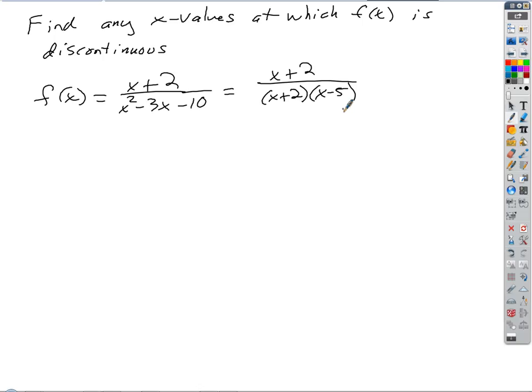Now we have to be careful with this one. That's really the only point of doing this problem, to address this one issue. We're talking about the function f of x. Are there any places at which f of x is discontinuous? Yeah, there are 2: -2 and +5.